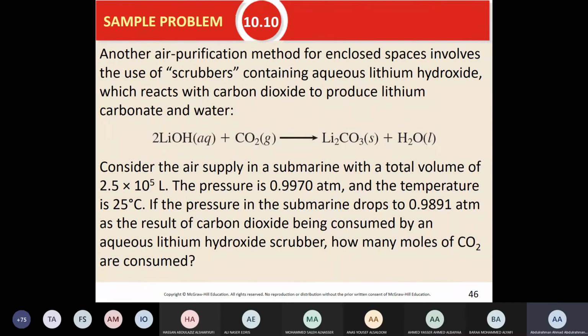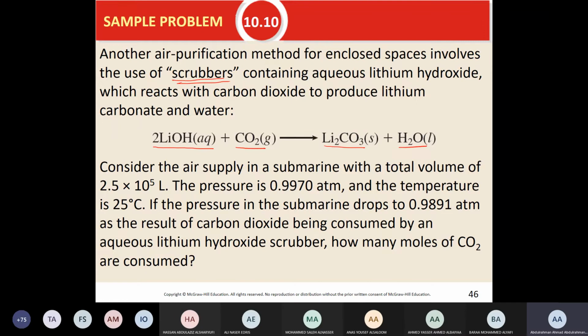Another air purification method is to enclose the space involved in scrubbers to clean the air, containing aqueous lithium hydroxide. This lithium hydroxide reacts with carbon dioxide to produce lithium carbonate and water.